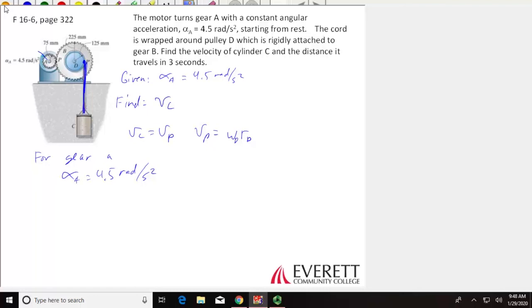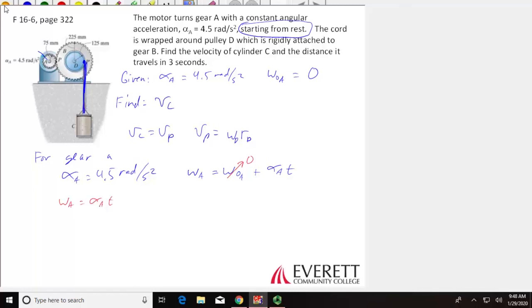If I want my angular velocity of A, that's going to be equal to my initial plus alpha A times t. Starting from rest is one of the givens, so my initial angular velocity of A is equal to 0. So I can put 0 in here, and we end up with omega A is equal to alpha A times t.